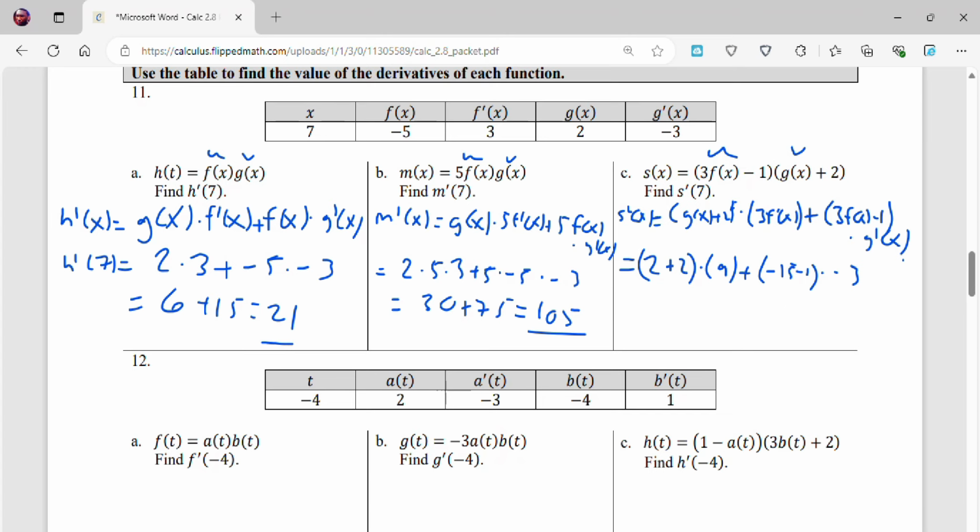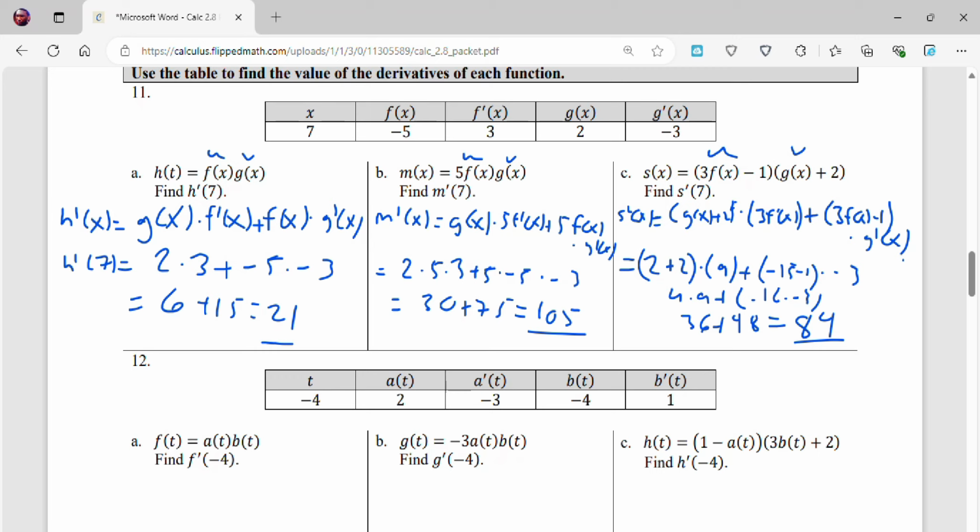So 2 plus 2 is 4 times 9, plus, and then -15 minus 1 is -16 times -3. 4 times 9 is 36. -16 times -3 is plus 48. And that's going to give us 84.